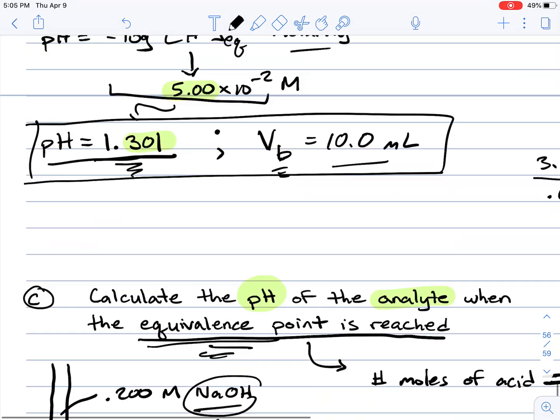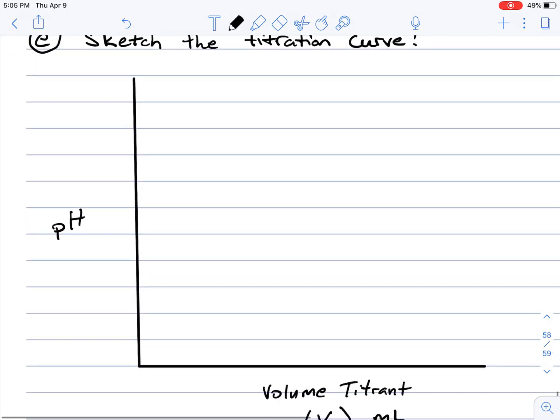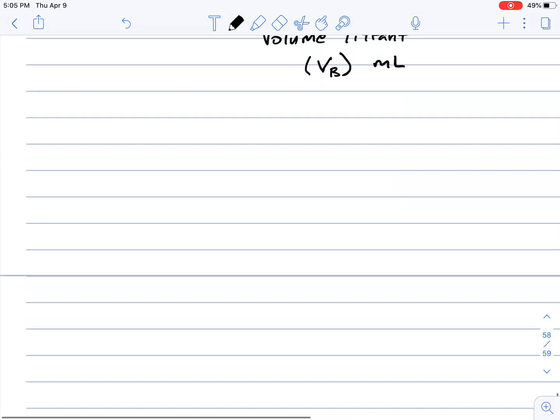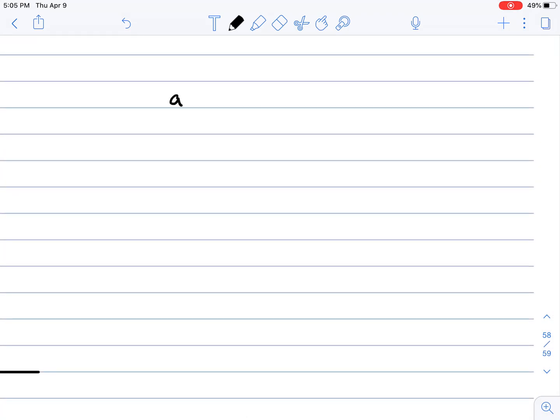Okay. And so for part A, maybe I'll just do it on the side here. So for part A, remember that we had 0 mils of volume of the base. Remember we're calculating the initial pH, and the initial pH was 1. I think there was another 0.